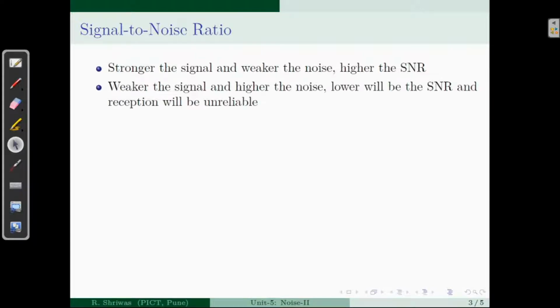If the signal is weaker and noise is higher, then this is going to decrease the SNR, and in that case the reproduced signal may not be a faithful reproduction of the original transmitted signal. So it is very important to have a minimum level of SNR to reproduce the original signal back, because noise is going to distort the signal. If it is more, then the distortion will be more.